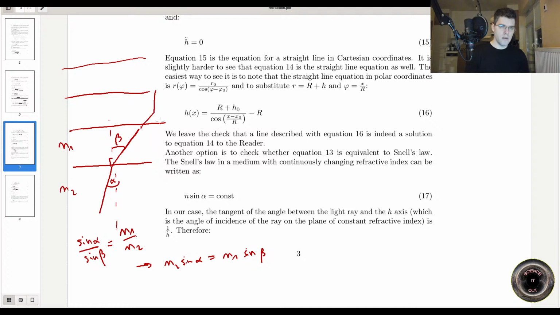Anyway, if this was refracted here and here and here, then in every layer it would be true that n_i times sine of alpha_i, let's say this is layer number i with angle alpha_i, is the same as in all the other layers, so it's constant. So that's why I wrote Snell's law like this here.